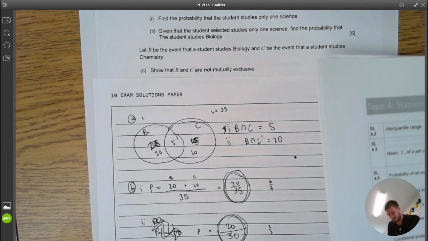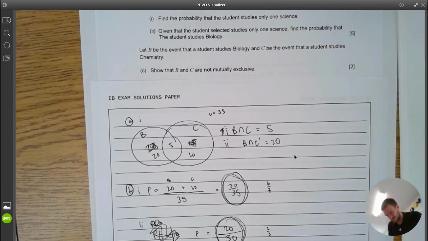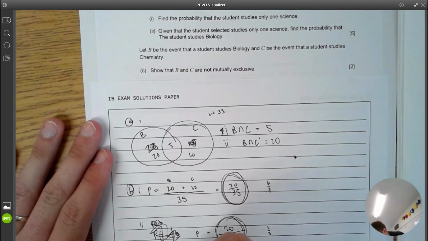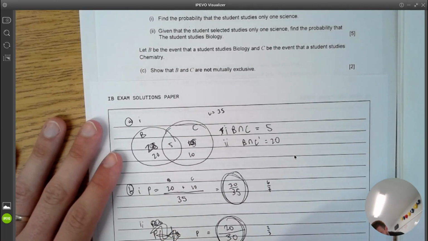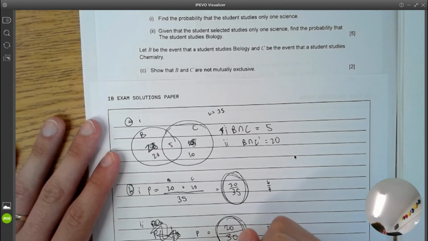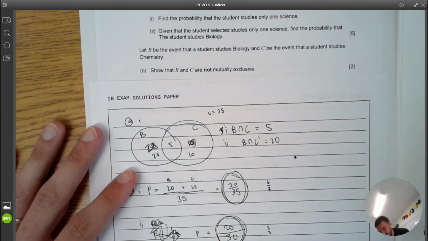All right, I see a formula that is literally called mutually exclusive events. It says the probability of A or B is equal to P of A plus P of B. This is straight from the formula booklet.